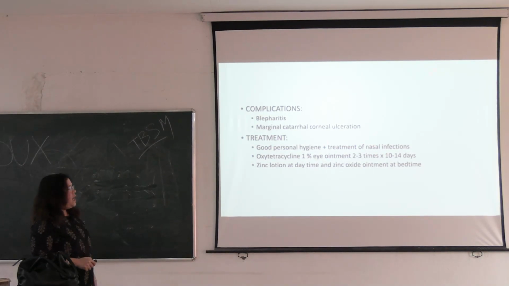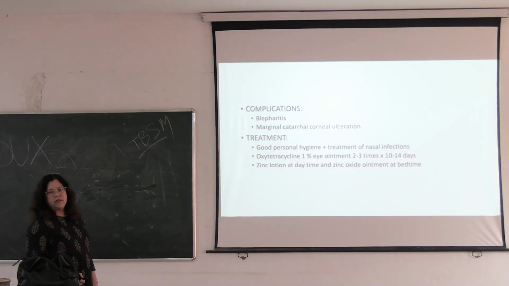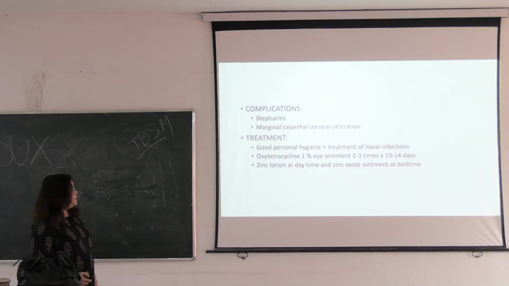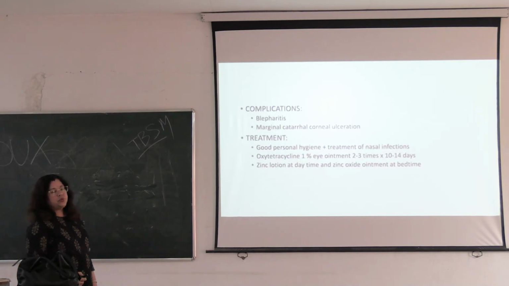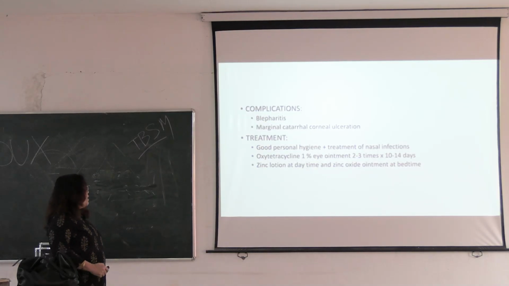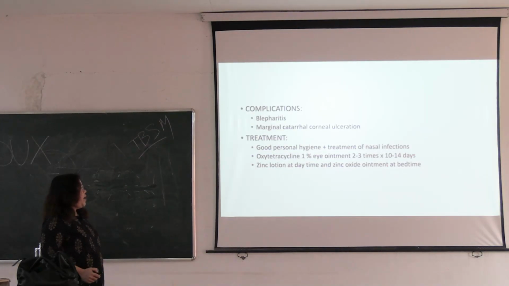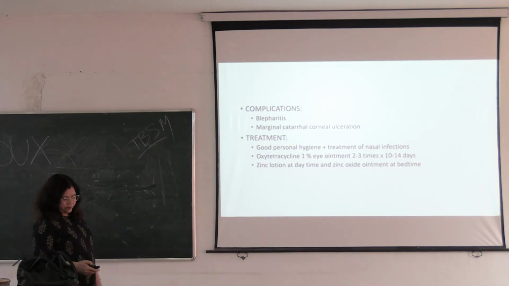Treatment is personal hygiene and treating the nasal cause. Whatever disease is present in the nasal cavity should be treated. And oxytetracycline ointment is given 3 to 4 times for 10 to 14 days. And zinc lotion in the daytime and zinc oxide ointment at bedtime for astringent effect.